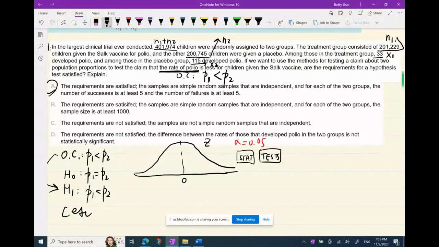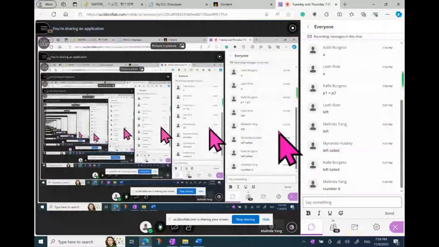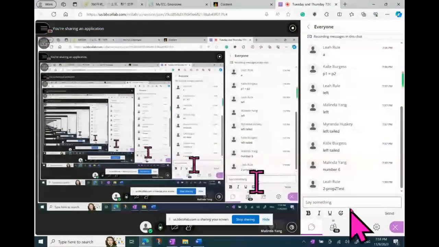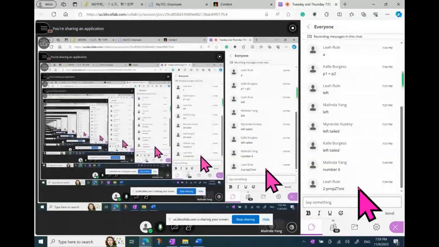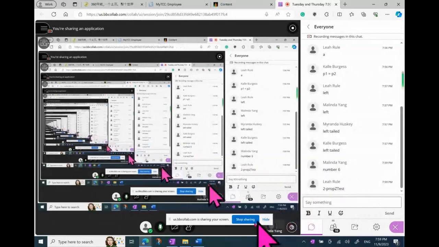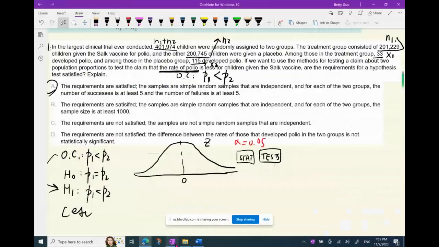You can go through all the functions. Two proportion Z test, exactly, number 6. I have number 6 as well. Exactly, very good, perfect. So we are going to select number 6.